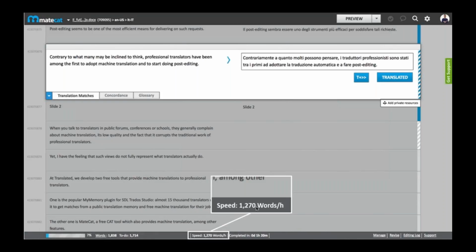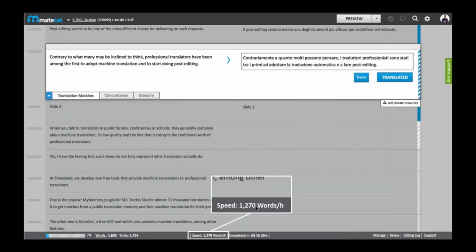Now, why is this important? Of course, you know that nowadays rates vary among markets, depending on the subject, the client, the market. So there are a lot of different factors. But let's say that on average, the translation rate is 0.05.